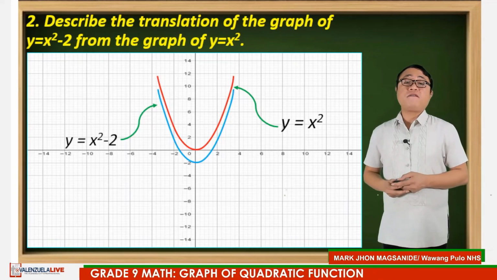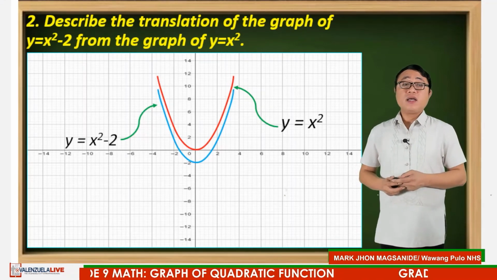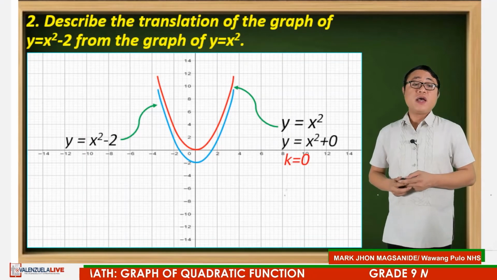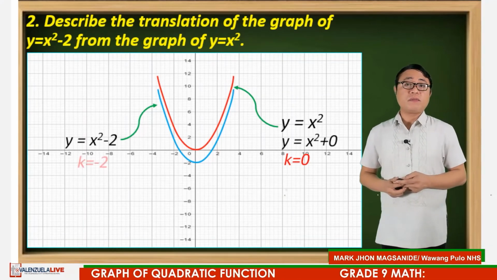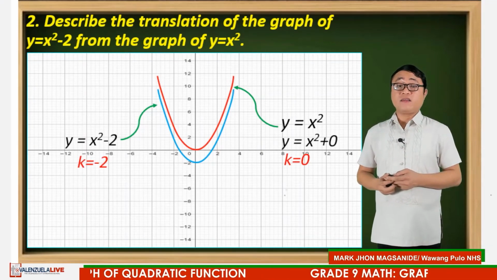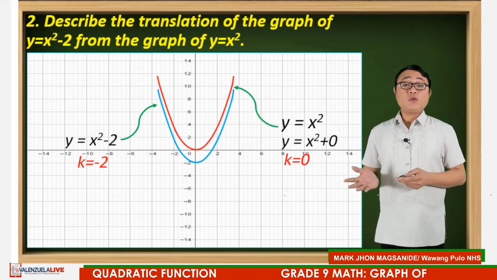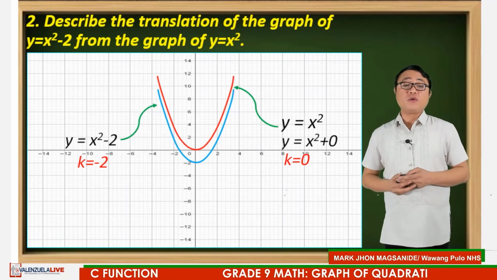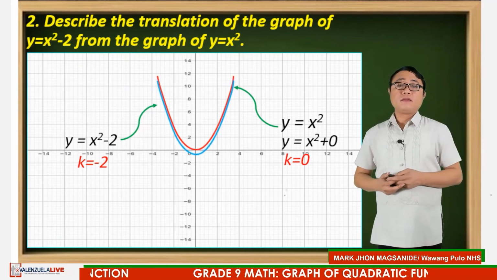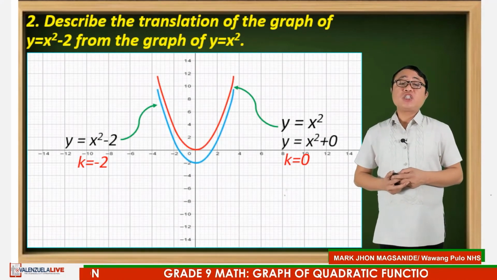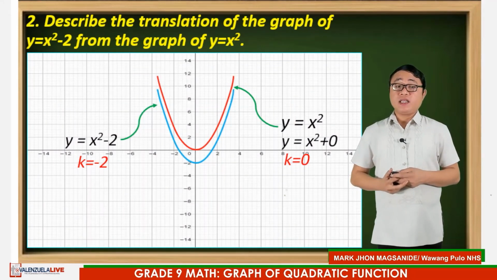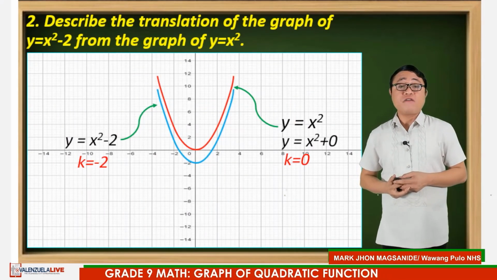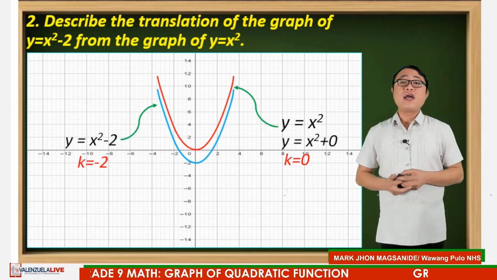In the quadratic function y equals x squared, the value of k is 0, and in y equals x squared minus 2, the value of k is negative 2. Thus, we can say that the graph of y equals x squared minus 2 was formed by translating the graph of y equals x squared vertically downward 2 units.